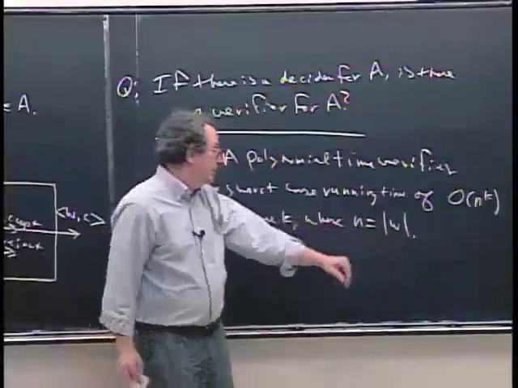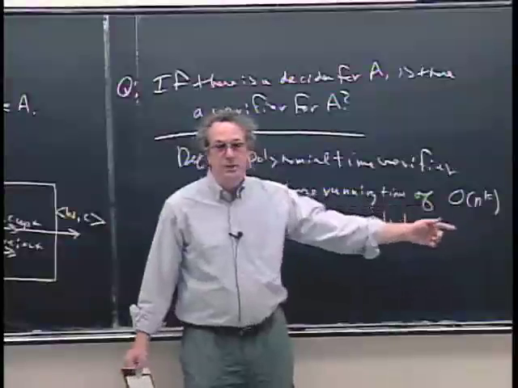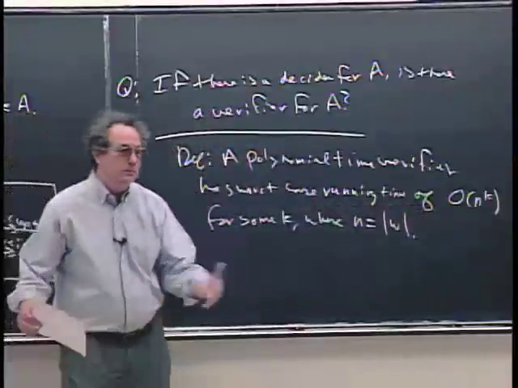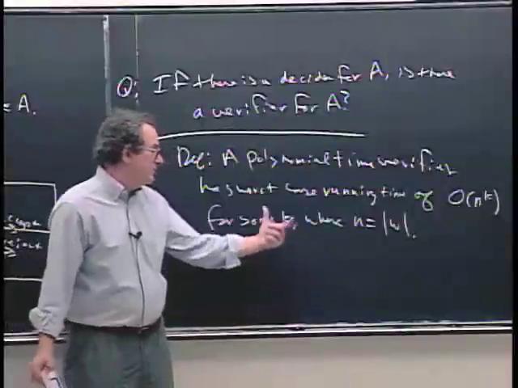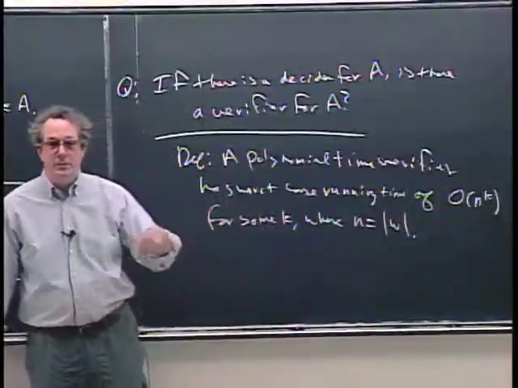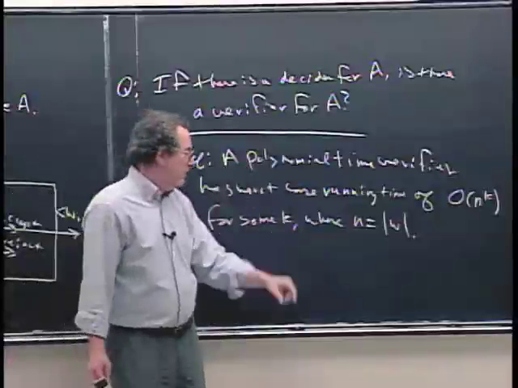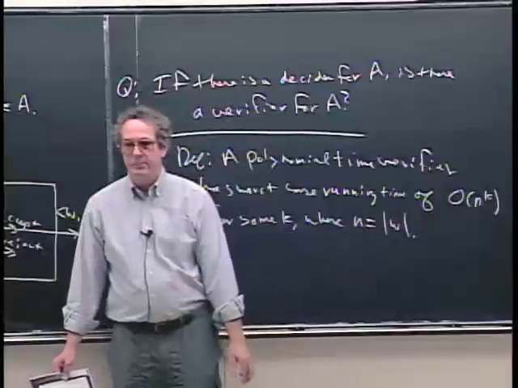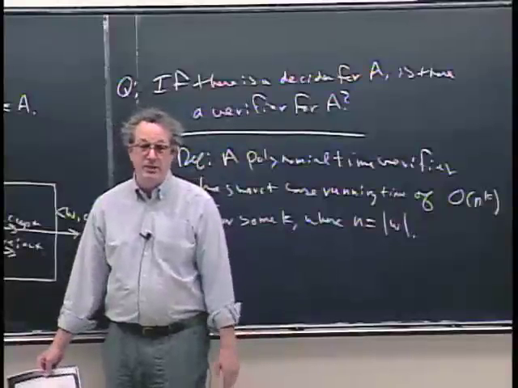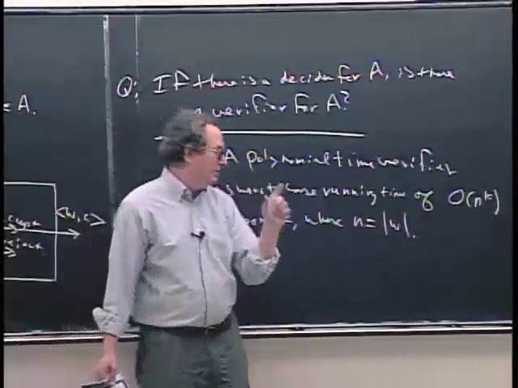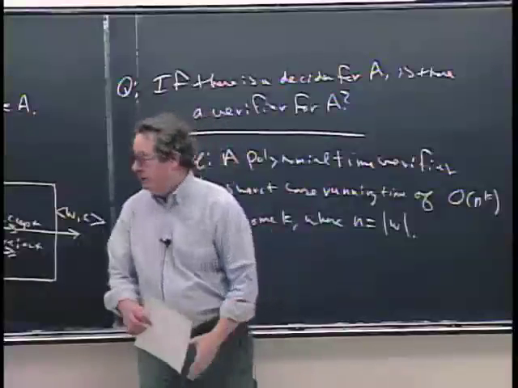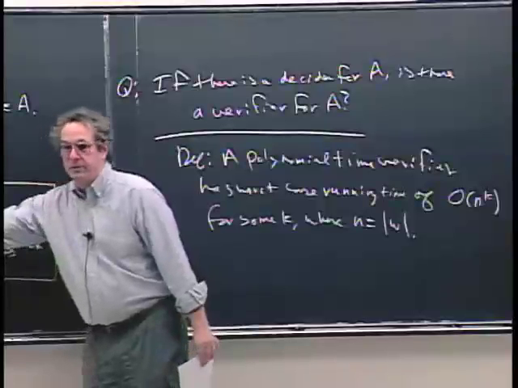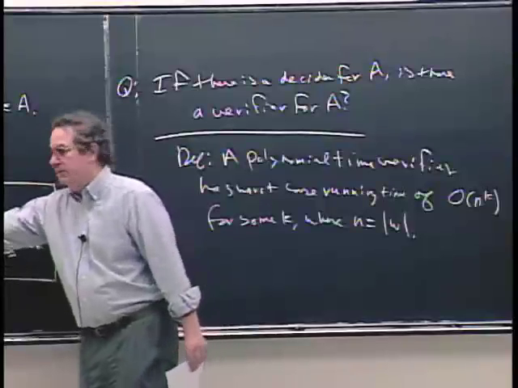However, since the verifier can only run in polynomial time, if C is bigger than a polynomial bound on W, then the verifier doesn't even have enough time to look at all of C. So we could add the additional requirement here that the length of C be bounded by a polynomial function of W. Okay?